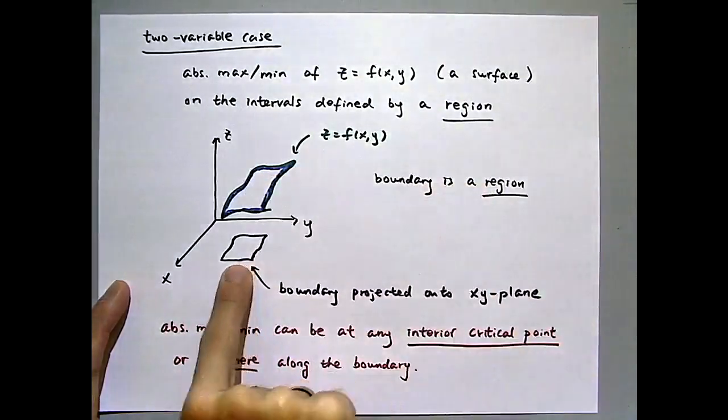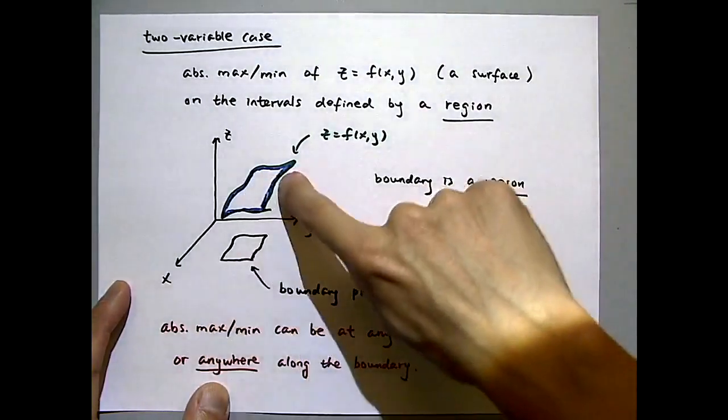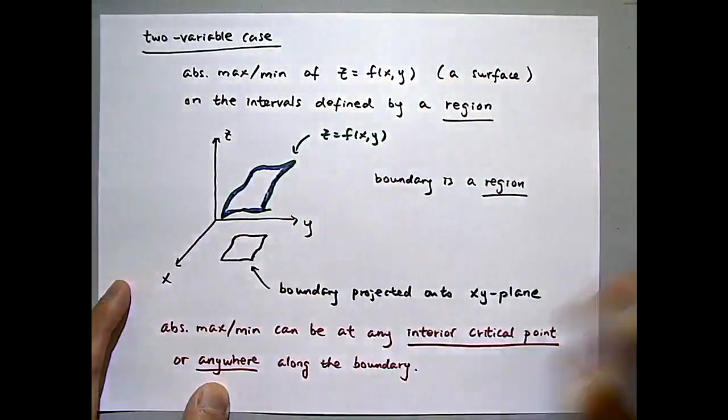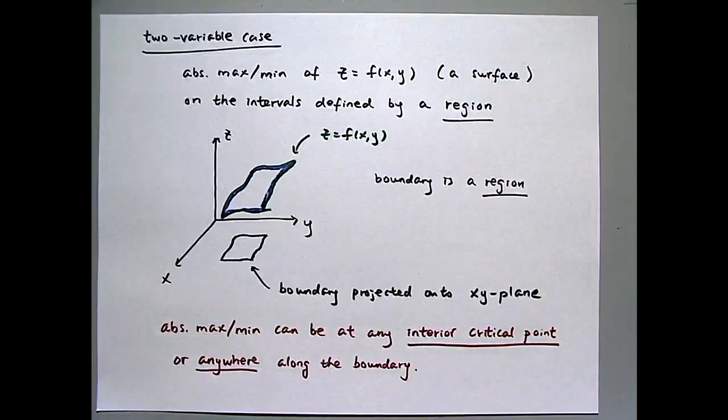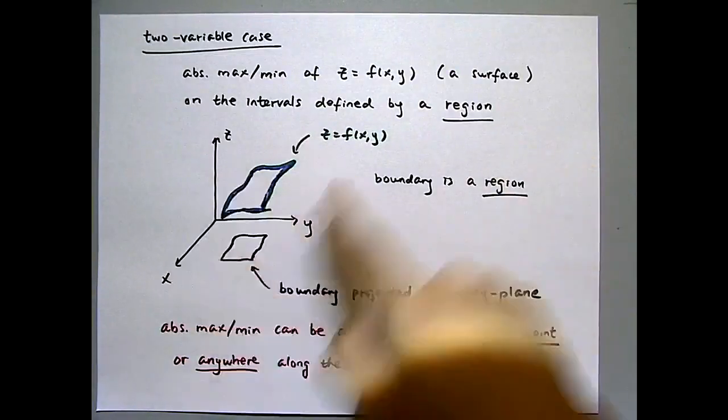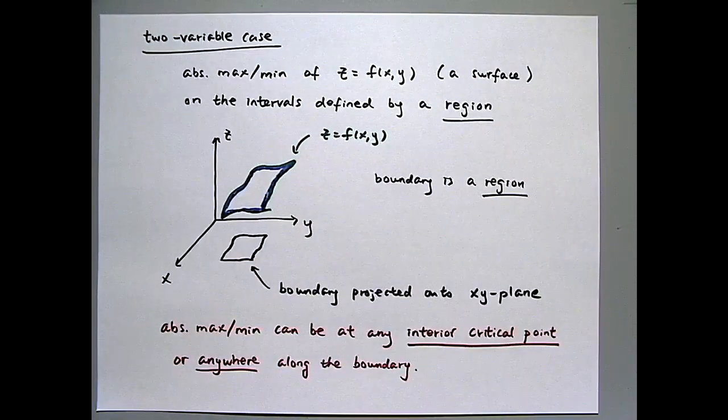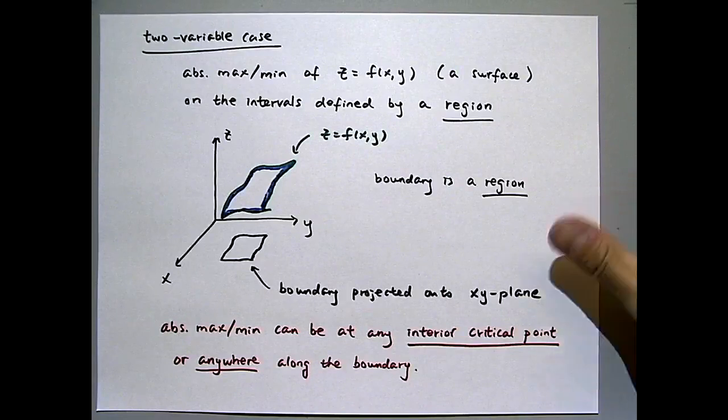It could be somewhere at the bottom end here. It could be somewhere here, here, here. We don't know. But just like in the one variable case, it's anywhere in the interior point and anywhere at the end of the interval that we care about. So the idea is the same, but the execution is obviously more complicated.